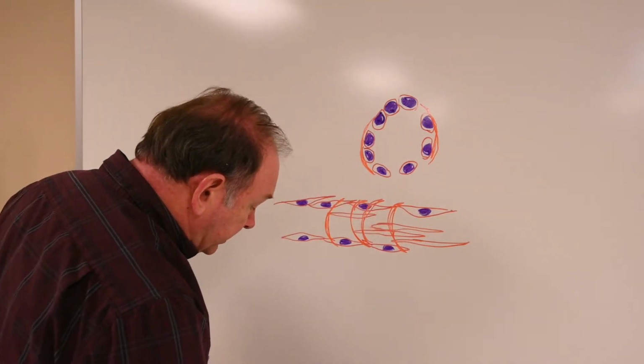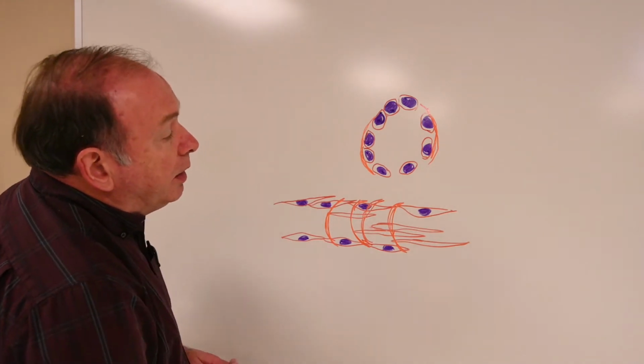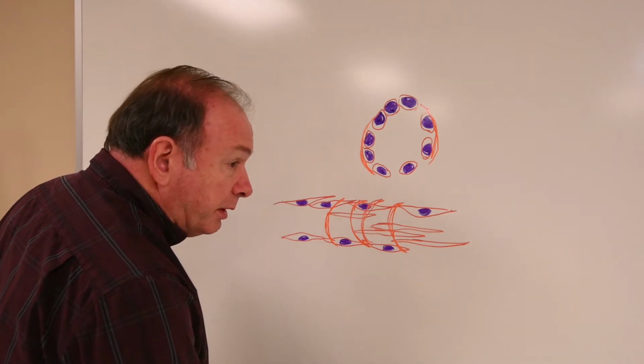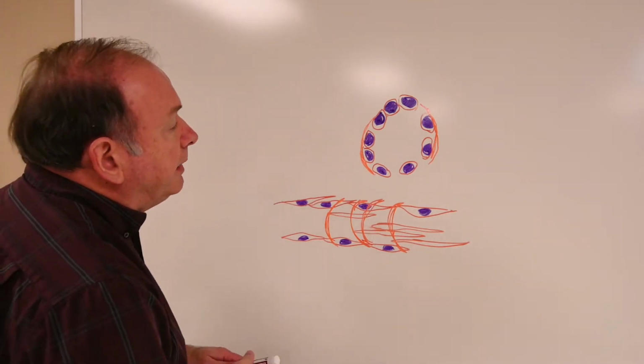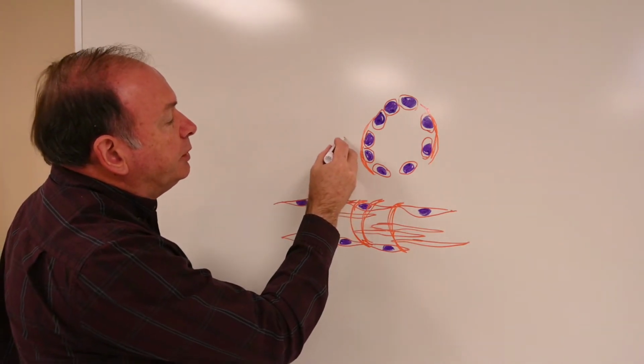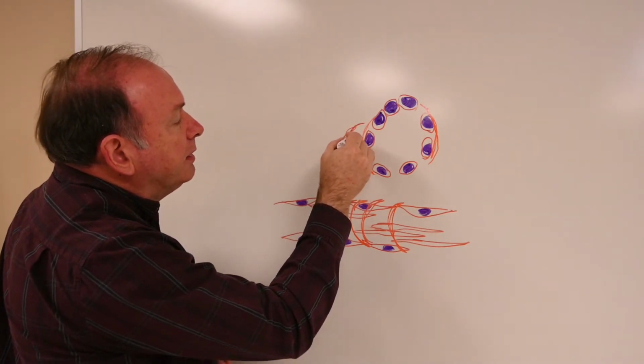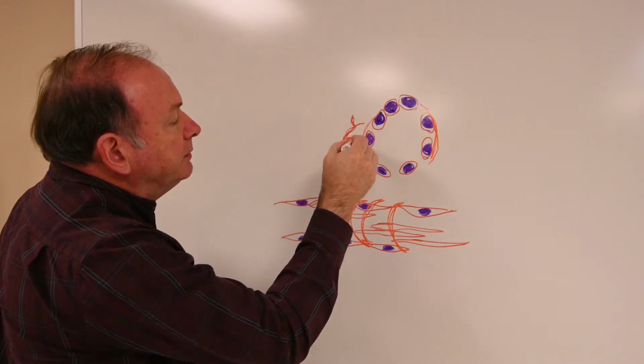Now, outside of the splenic sinus, we have the splenic cord material. Part of the splenic cord material is going to show reticular cells that produce reticular fibers. So you'll have a reticular fiber network out here in the perimeter.